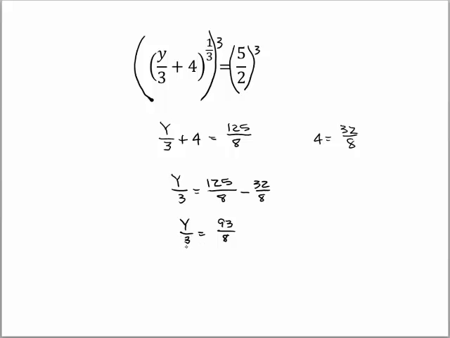To get rid of the denominator we multiply. So let's see, 3 times 93 is going to be about 279 over 8. That is the answer.